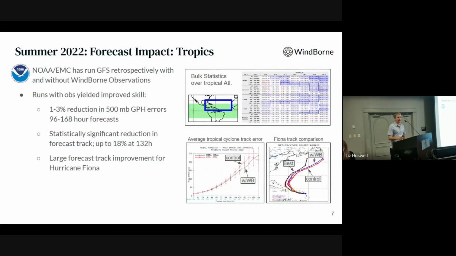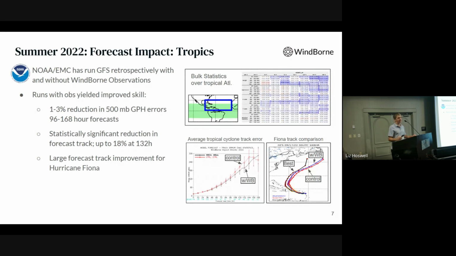Okay, impact studies, getting away from the sondes and back towards just the balloon flights themselves and the impact studies that have been done over the past couple of years. The first is in 2022, where data was assimilated into the GFS forecast system. And the way that GFS was run at EMC was with and without windborne observations in a fully cycled manner.